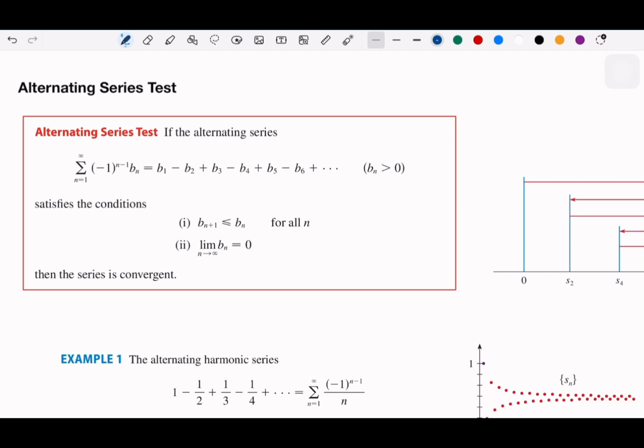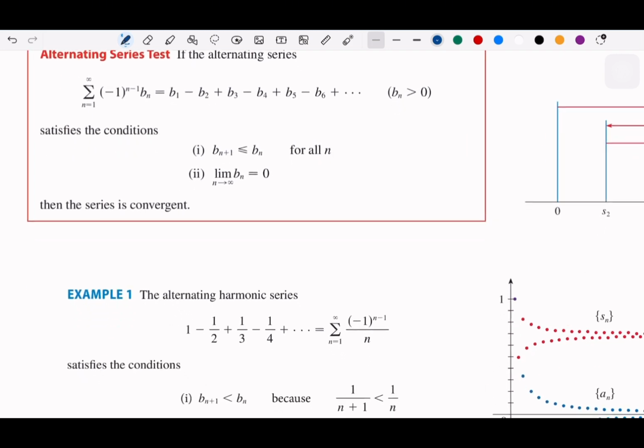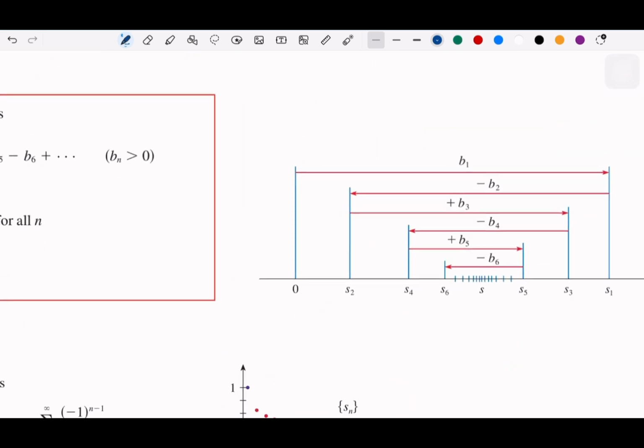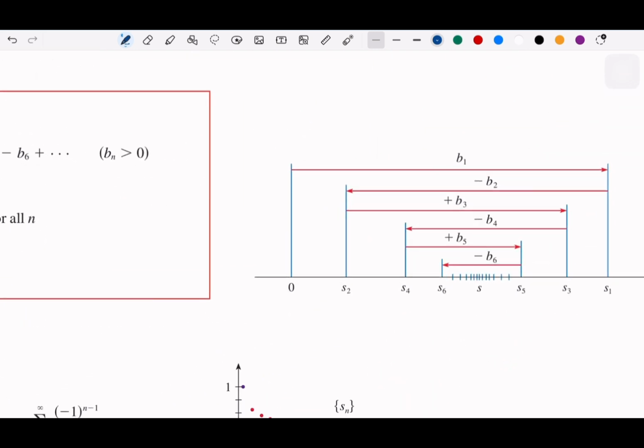Looking at the terms here, we start from b1, then move back by b2, then add b3, which is less than b2. You see the distance: the longest one is b1, then we go back b2, plus b3, minus b4, b5, getting smaller and smaller.